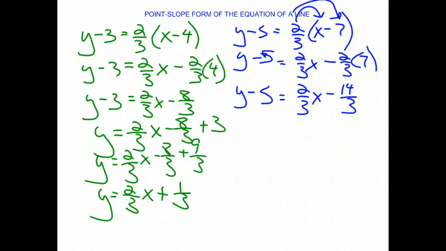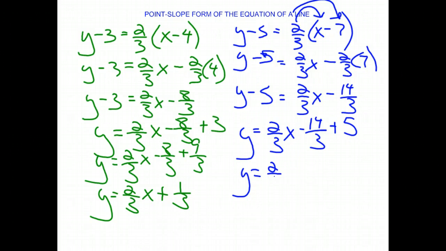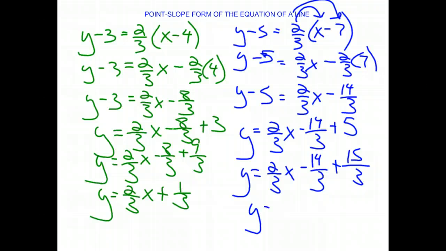Okay, so I've distributed the 2/3 in. Add 5 to both sides. Y equals 2/3 x minus 14/3 plus 5. Okay, I know this is fraction action. Y equals 2/3 x minus 14/3 plus 15/3. Hey, it's going to work. Woohoo! 2/3 x plus 1/3.